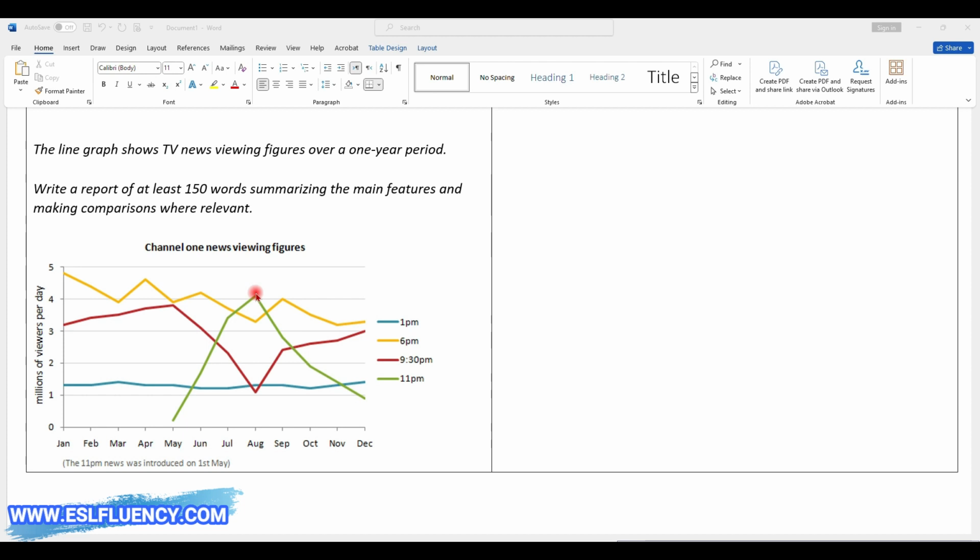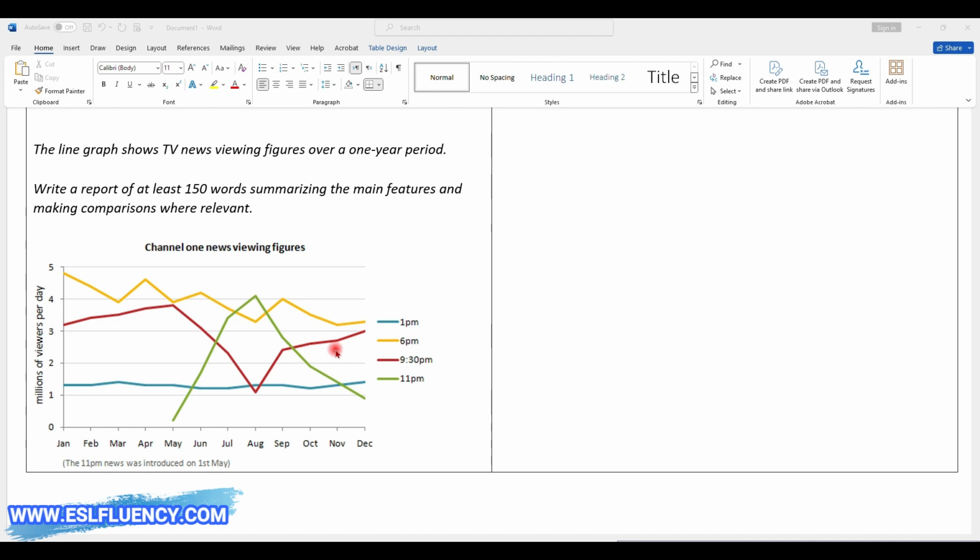At the same time, the red one saw a drop in its viewership and reached the lowest point in the same month. When the green one started losing its viewers, the red one started gaining more.